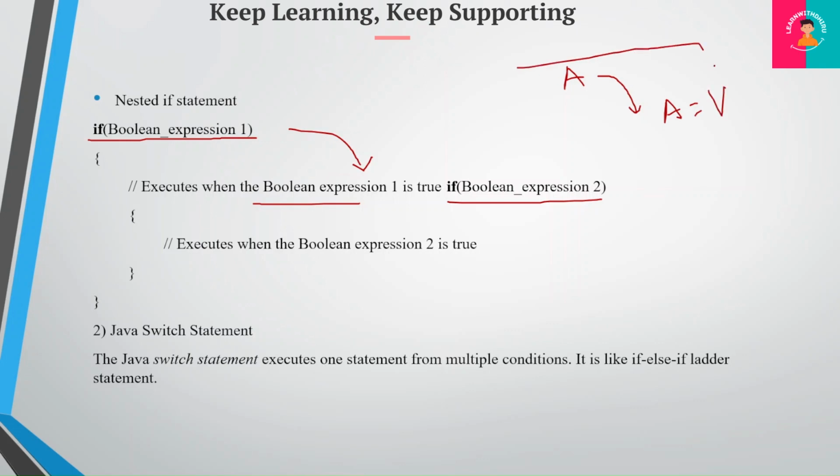If both are true, then your statement will be printed. Next, the control statement is the Java switch statement. The Java switch statement executes one statement from multiple conditions.